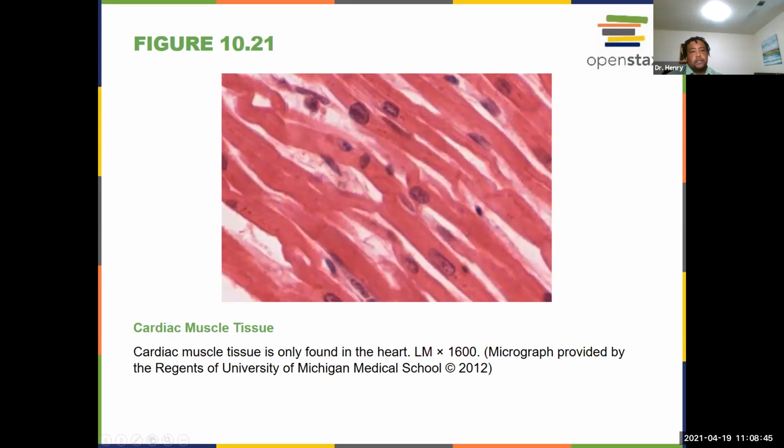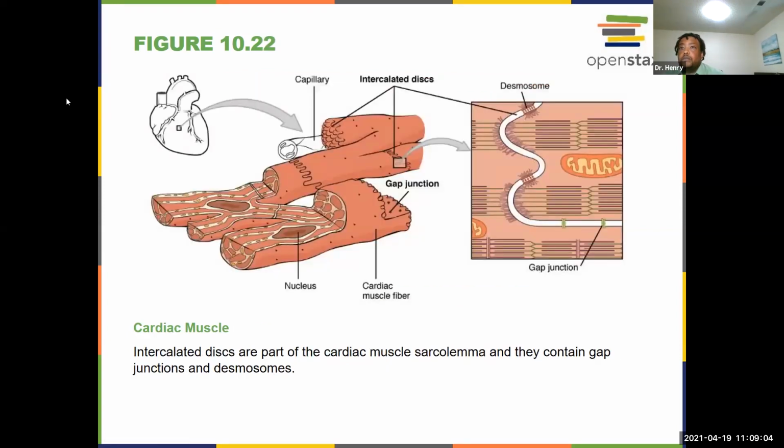Okay. Cardiac muscle tissue, we know that it's only found in the heart. Let's look at the way that it's organized. It has a single nucleus, and we have the muscle fibers themselves.